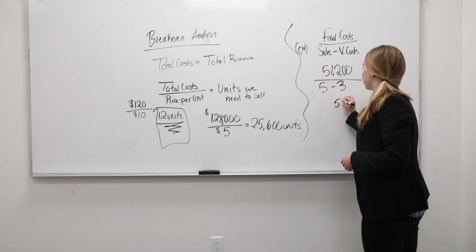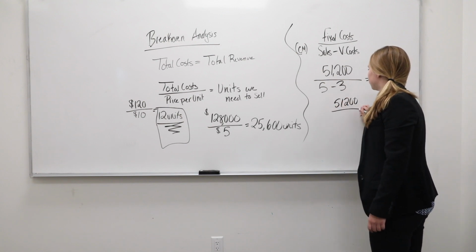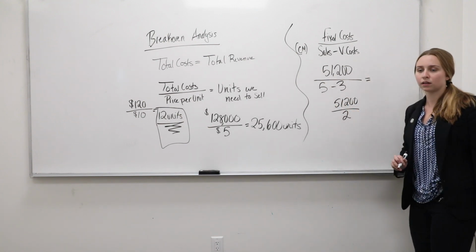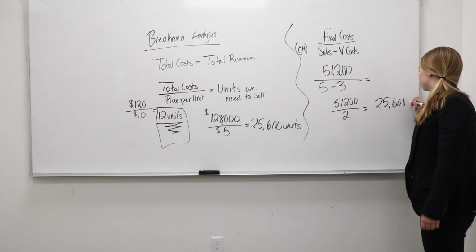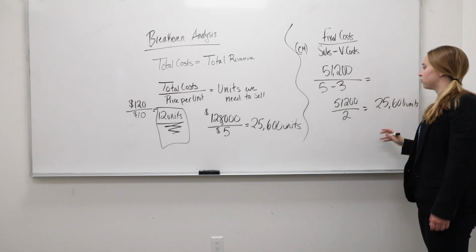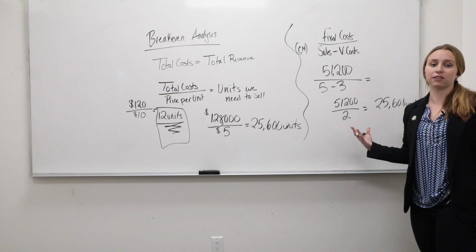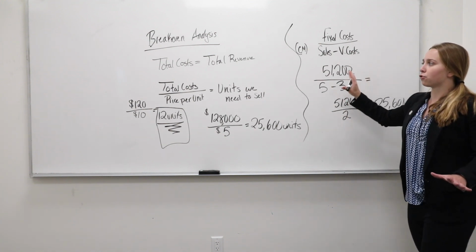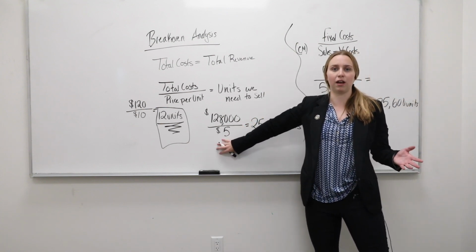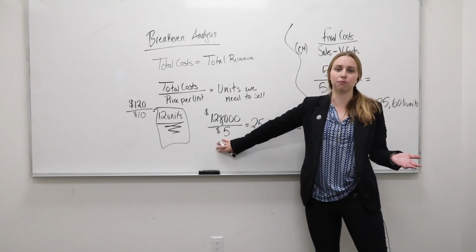So I'm going to get 51,200 divided by 2. And I get 25,600 units. So again, this is just another way of showcasing this break-even point. This gets very accounting-esque, so this is 100% a good way to figure out your break-even point.